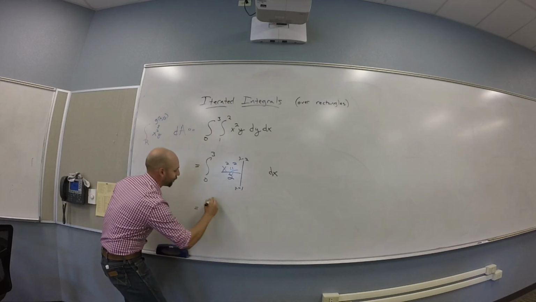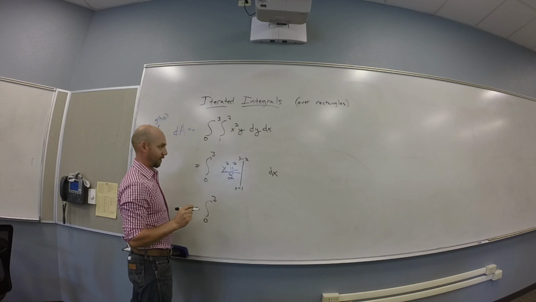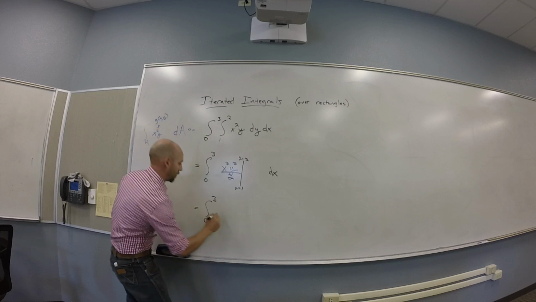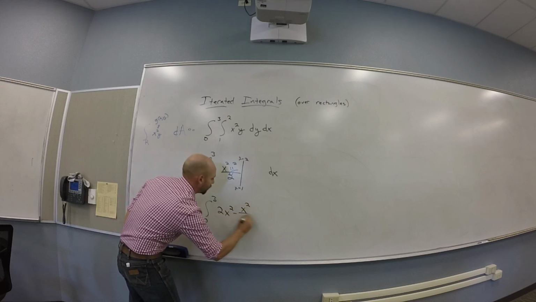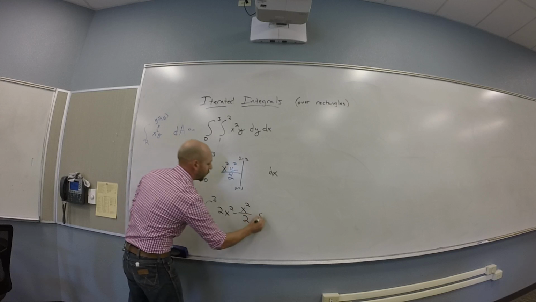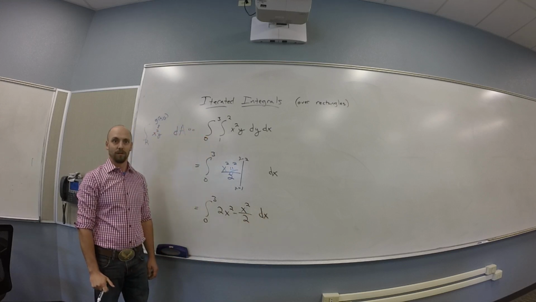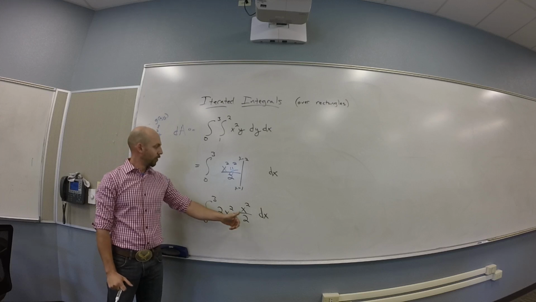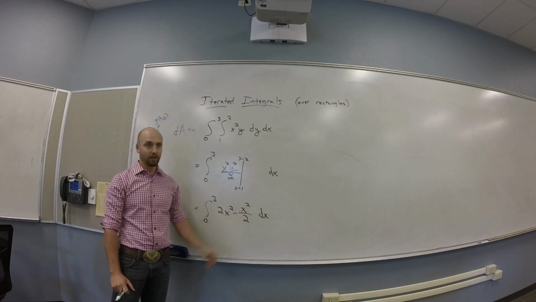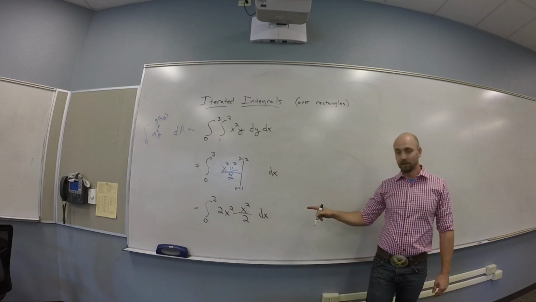So we should have the integral from 0 to 3 of 2x squared minus x squared over 2, dx. We plugged in y as 2 and got 2x squared, then plugged in y as 1 and subtracted. That gives 3 over 2 x squared.